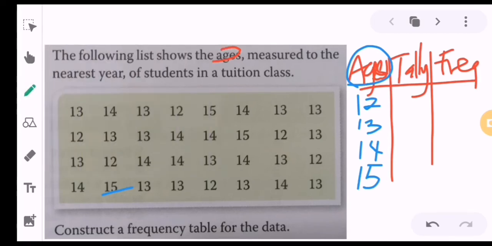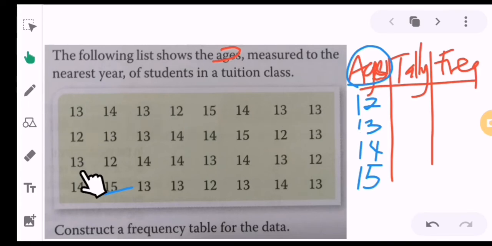Now 12. Now you count the 12. This is where the clue or the trick comes in. When you are checking the number of 12s we have in this data or in this information, make sure that you go one way, such that if you're going horizontally, you are checking your numbers horizontally.